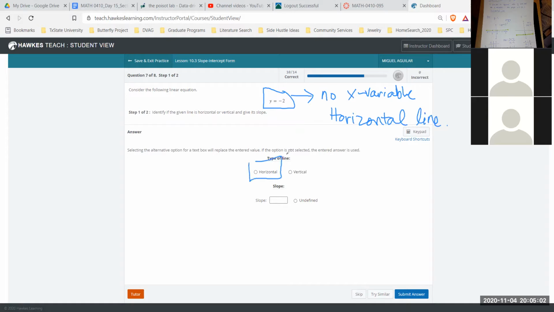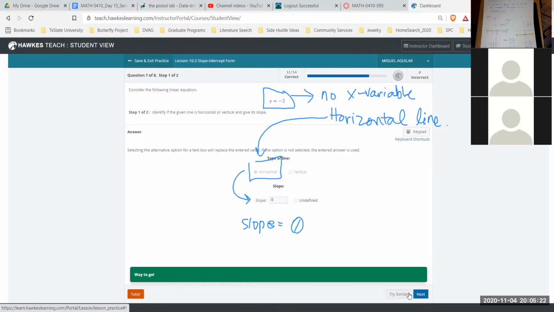So there we go. And a horizontal line always has a slope of 0. So all you need to do is select horizontal and type in 0 here.